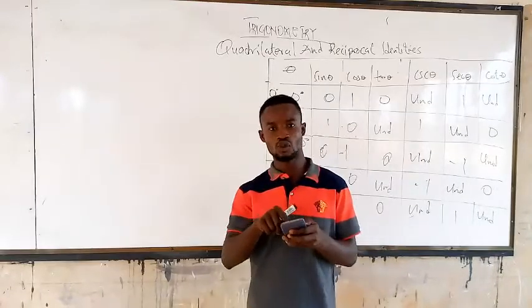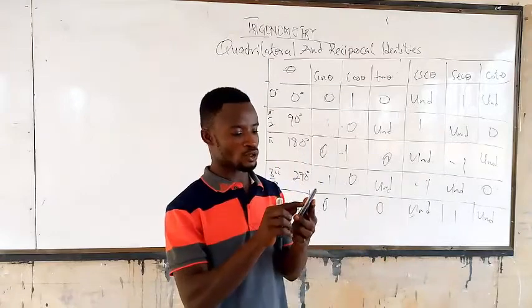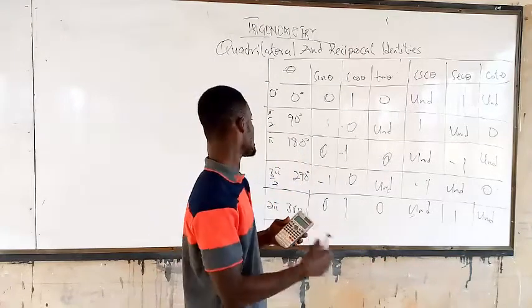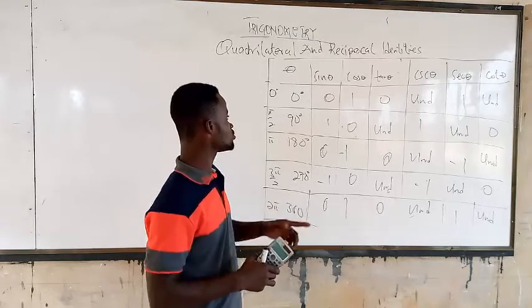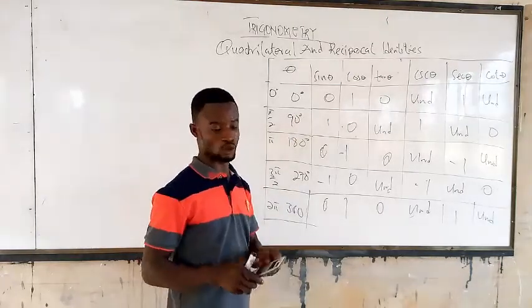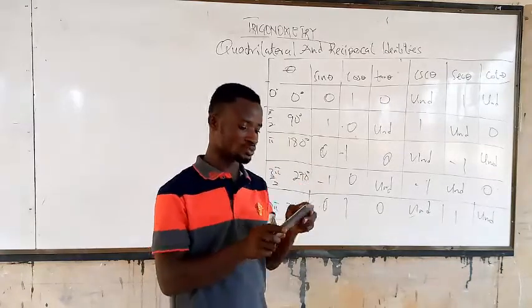If R is on top, it means you are in radian mode on your calculator, and that means you are using the values here. If D is on top, it means you are using the values here. That is the degree mode. So how do we do that? Shift mode.